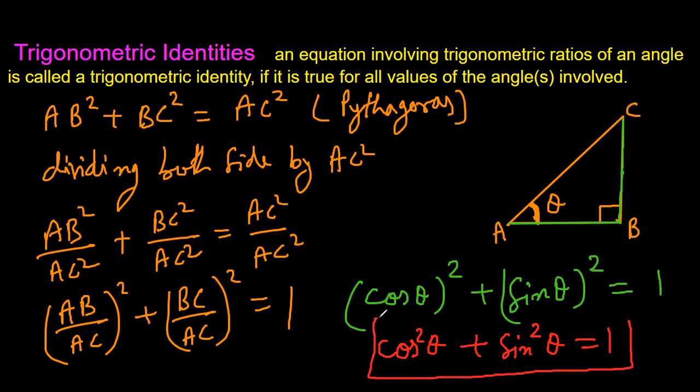So this is one of the most profound trigonometric equations, actually a trigonometric identity, because it will be true for all values of theta. Look, this theta can be made smaller and bigger by shifting this A closer. Theta might get almost 90 if we shift this A very close to B, and when A comes in the place of B, then it is 90 degree.